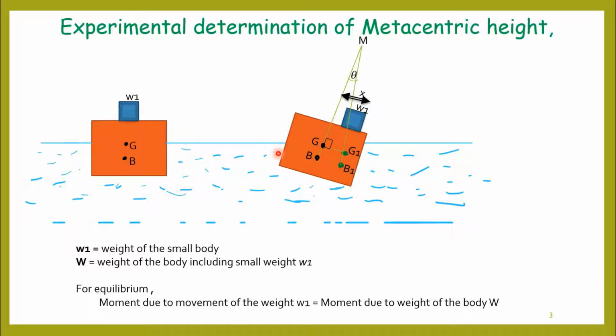For equilibrium, the moment due to the movement of W1 should be equal and opposite to the moment due to the weight of the entire body.